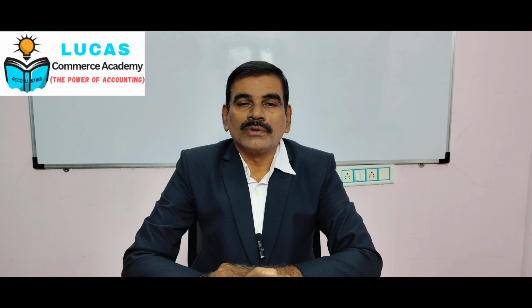Next, similarly in the books of B. In the books of B, we are going to prepare memorandum joint venture account. Second one, joint venture with A's account. How to prepare memorandum joint venture account? It is prepared in the same manner as in the case of books of A, no difference between these two. Then come to joint venture with A's account.